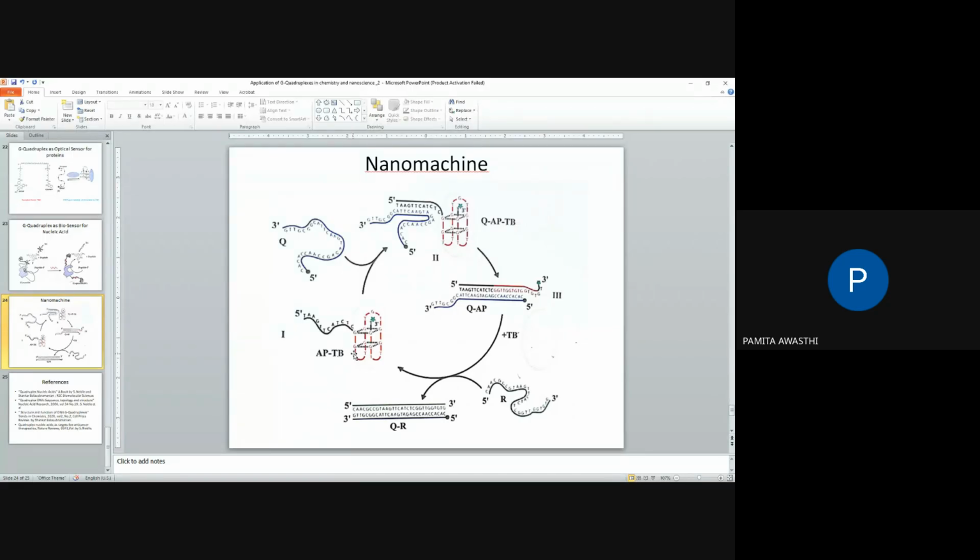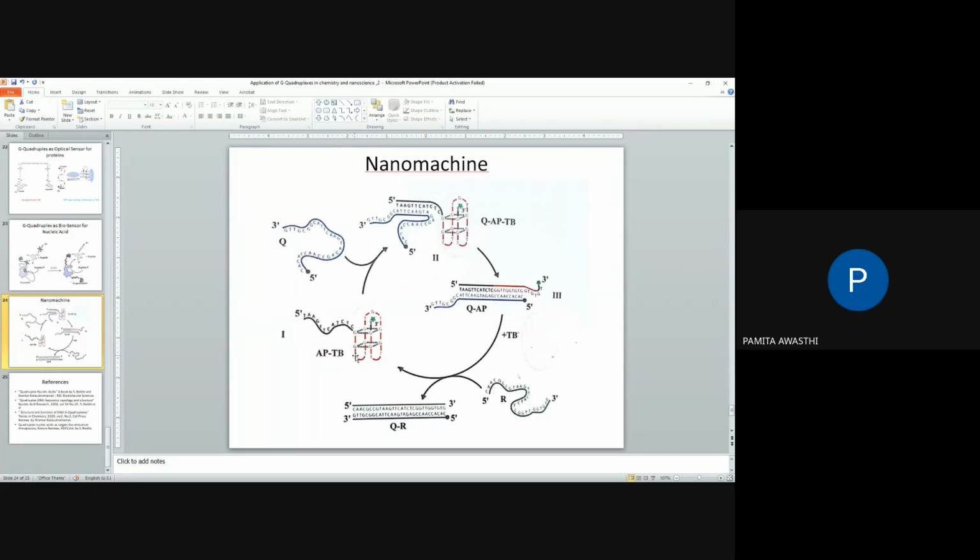FRET analysis has been used to study the shrinking and expansion motion from aptamer to tetramer in real time. So, the conformational equilibrium between the DNA duplexes and quadruplexes defines it as a nanomolecular machine.